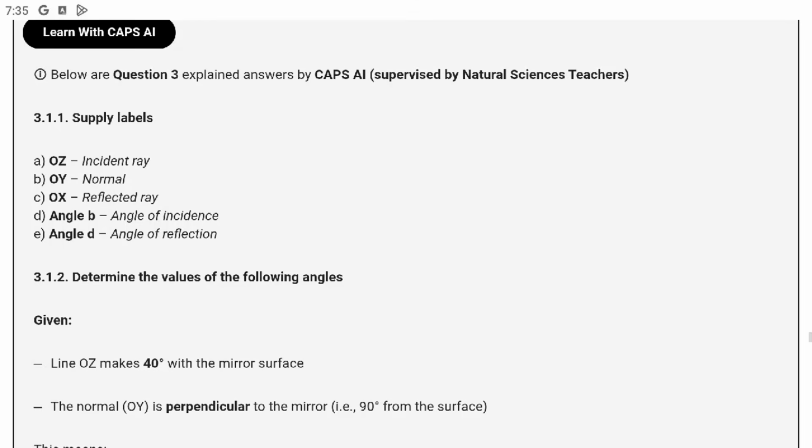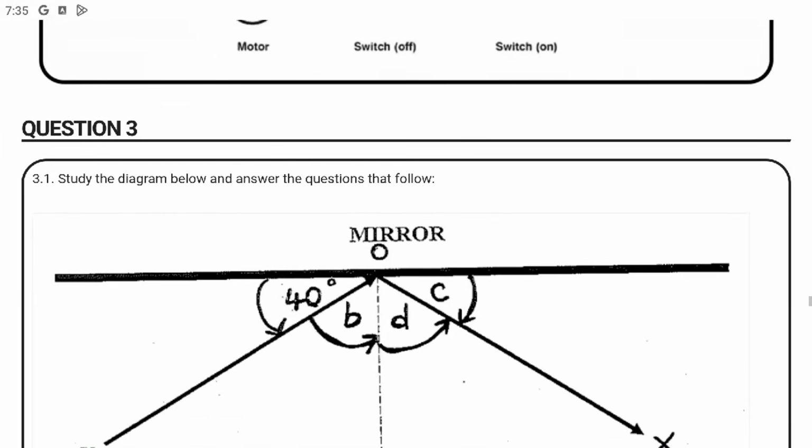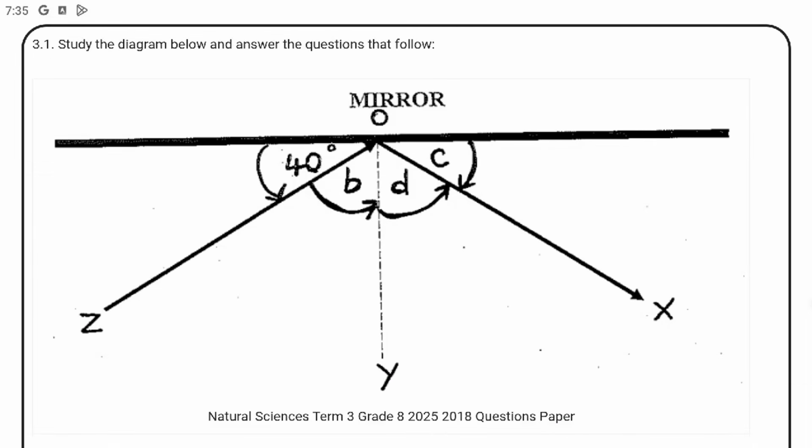Angle B is the angle of incidence. And we actually have full definitions of this. We also have a couple more angles, and as you can see in this question, we have other questions under the 200 plus questions and answers, so make sure to practice that so that you're not confused by these questions.